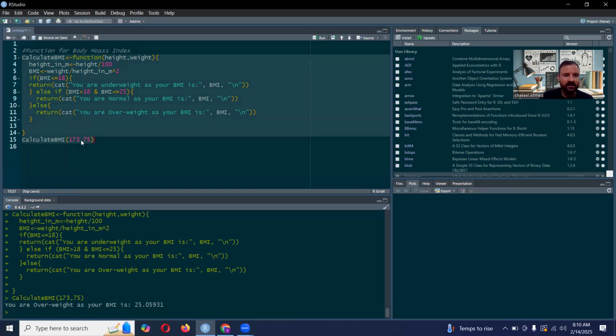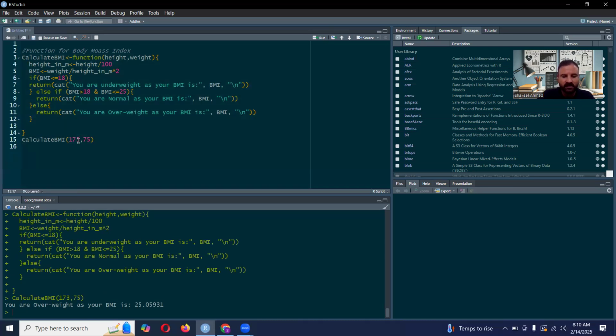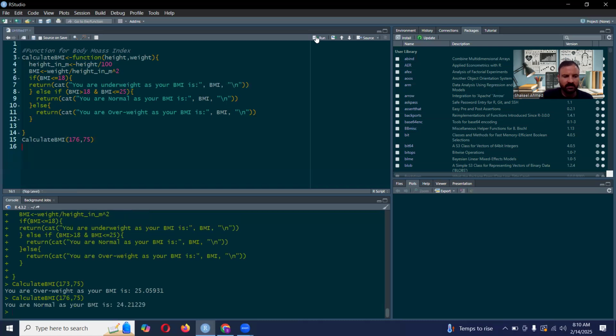So let's change. For example, the height of the person is 176 centimeters. Then his BMI will be 24. He is normal as his height is a little higher than the previous one.